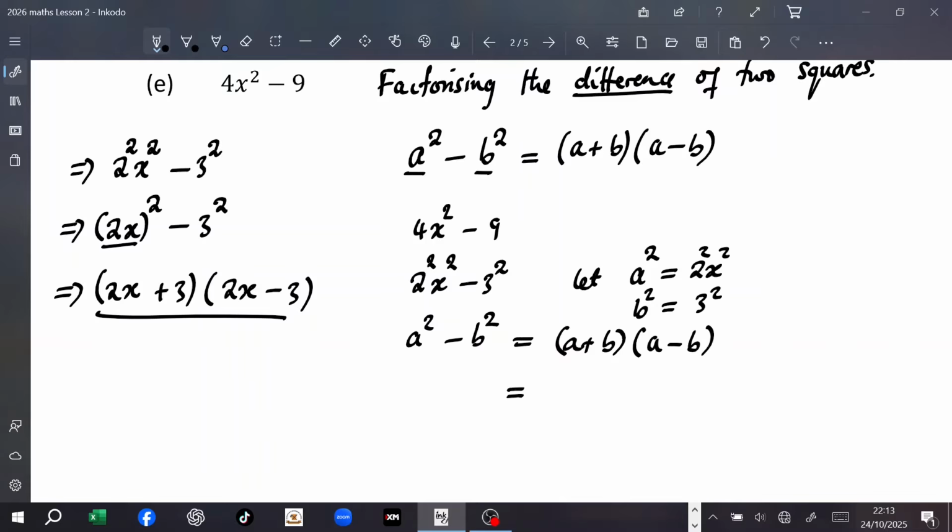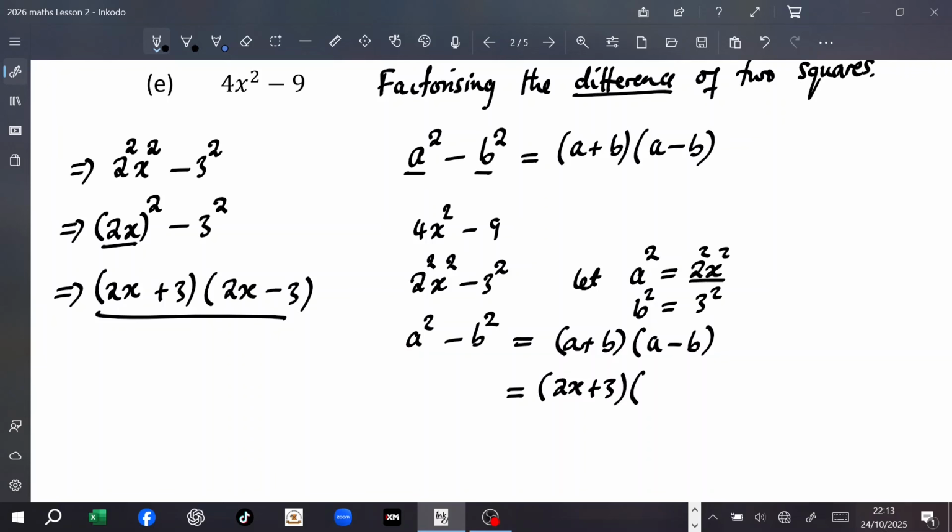Then you substitute, final. Where there's a, you put 2x, plus, where there's b, you just put 3.